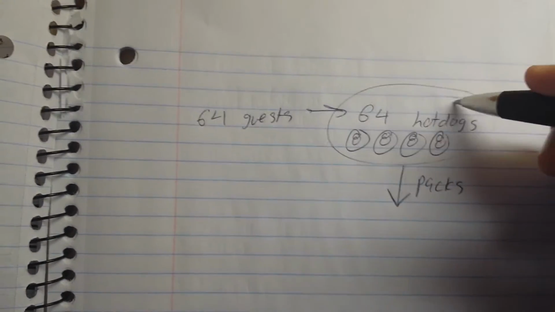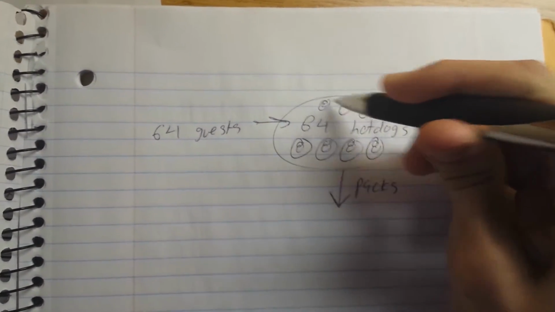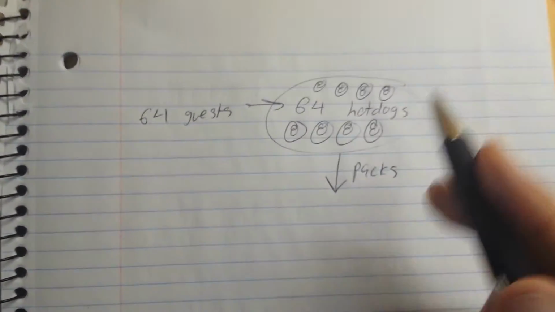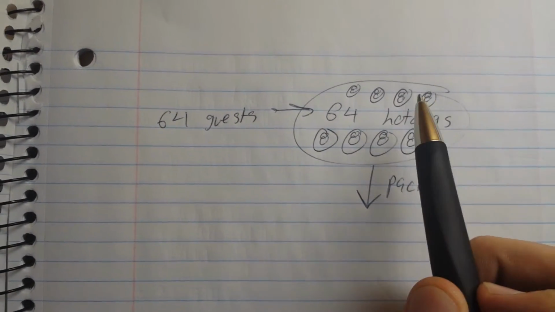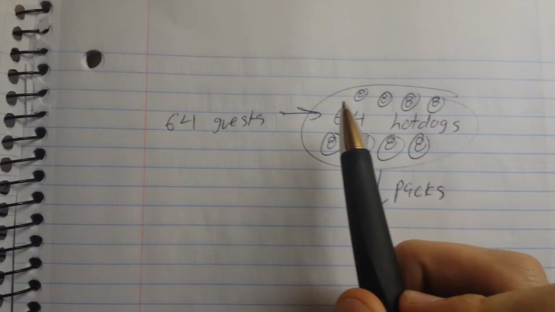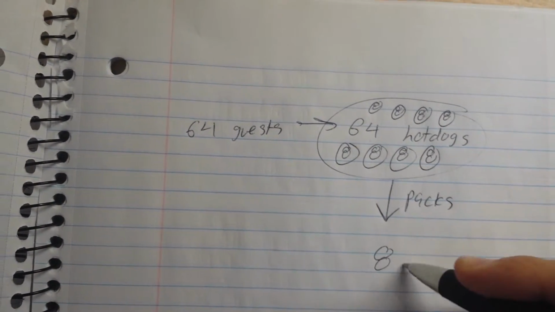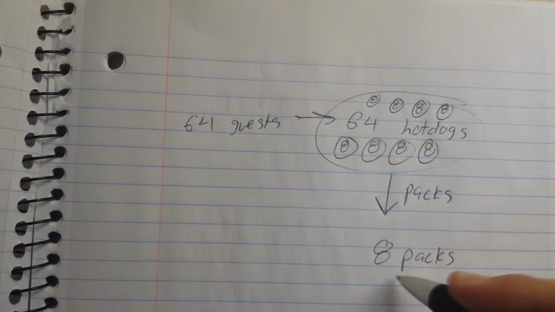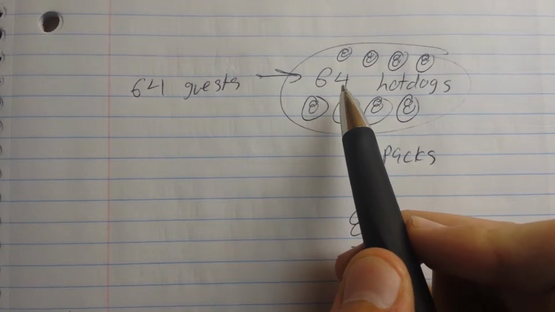Continuing, 4 packs, 5 packs, 6, 7, and 8 packs, all of 8 hot dogs apiece. This is 8, 16, 24, 32, 48, 56, 64 total hot dogs. This gives us 8 packs. Now 8 packs is going to give us our requisite 64 hot dogs.